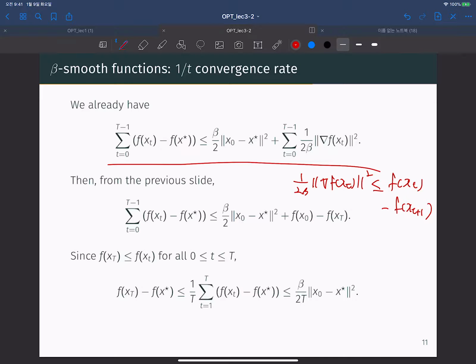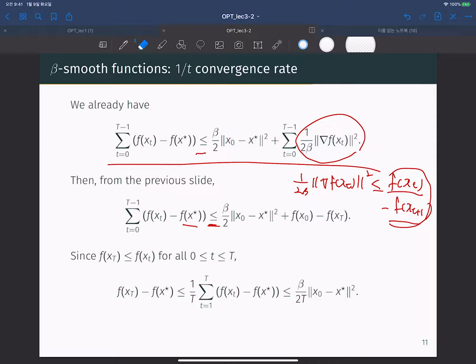So by replacing this term with this, keeping this inequality, we have the summation for t from 0 to capital T minus 1 of f(x_t) minus f(x star), the optimal point, which is less than or equal to beta over 2 times the Euclidean norm square of x_0 minus x star, plus f(x_0) minus f(x_T), because this is f(x_t) minus f(x_{t+1}), so everything cancels out. The remaining term is f(x_0) minus f(x_T).